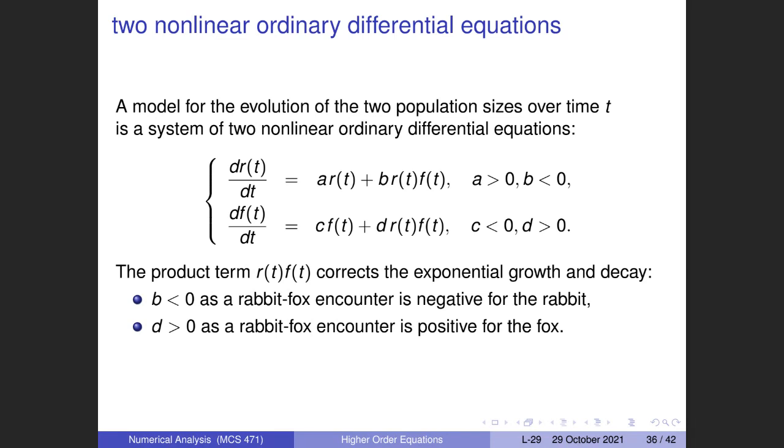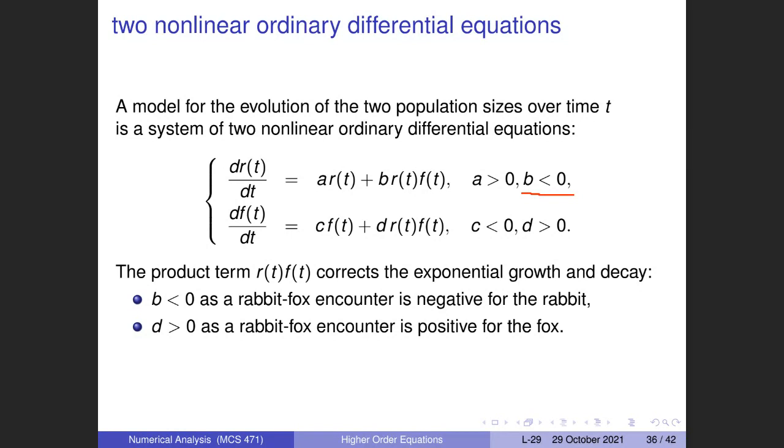How do we get to a nonlinear model? Well, the growth of the rabbits is corrected with the product of the number of rabbits with the number of foxes. So this correction term grows if the population size is growing. Now, what is important is that when a rabbit encounters a fox, it typically ends badly for the rabbit.